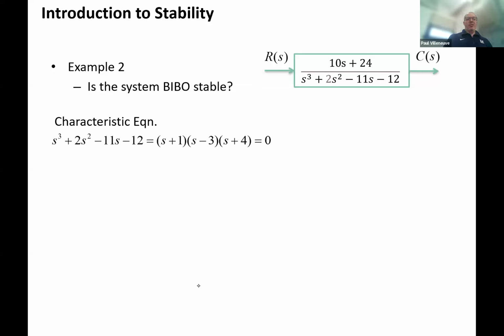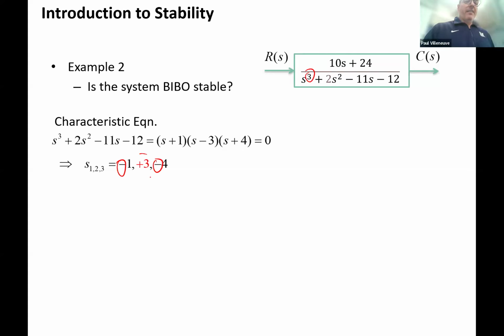So here's our characteristic equation, and we have 3 roots. The other thing too, if you have an s cubed over here, or an s to the 4th, the highest order s term in the denominator tells you how many roots you have. So you know by the fact that it's s cubed, you have 3 roots. Now I have s plus 1, s minus 3, s plus 4. We set those equal to 0, and we end up with 3 poles.